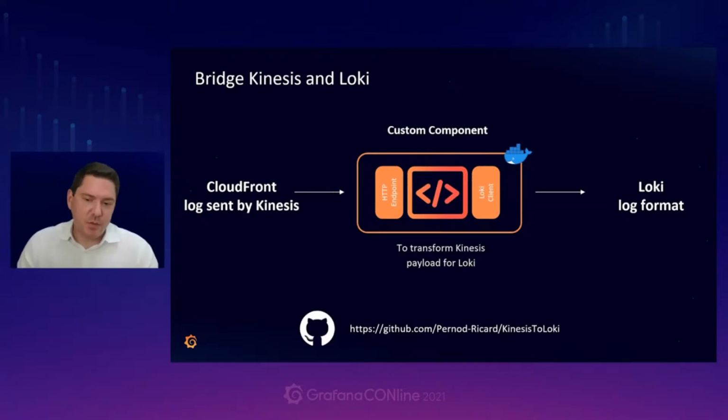And after that transformation, we call the Loki API to feed Loki with logs. So nothing rocket science, really. And we've made it a Docker container so that it can be executed and scaled easily. The source code of all that is available in our GitHub repo if you want to.